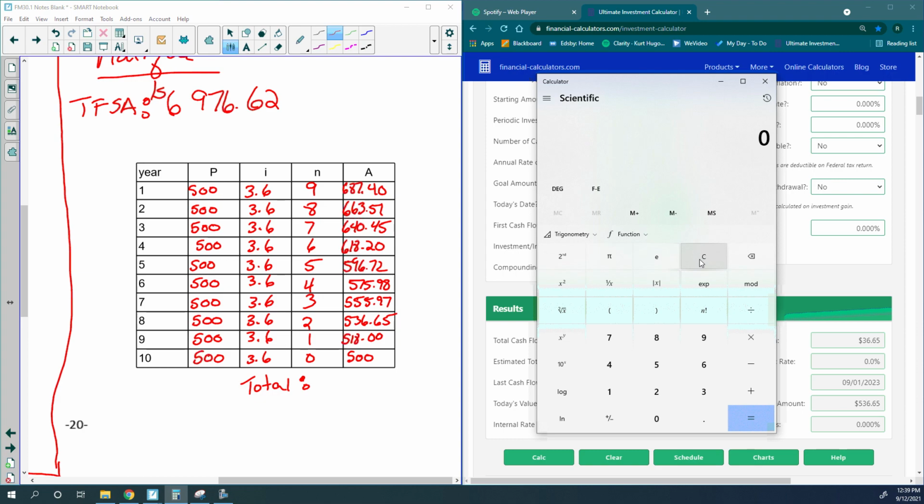The first one is 687.40 plus 663.57 plus 640.45 plus 618.20 plus 596.72 plus 575.98 plus 555.97 plus 536.65 plus 518 plus 500 equals, so we got 5,892.94.